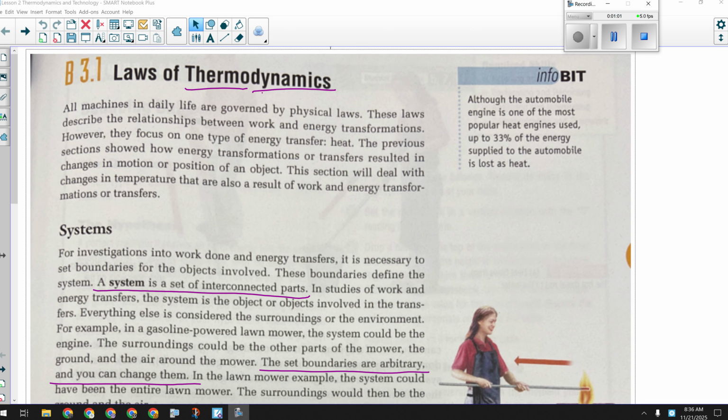And to do that, we have to get some terminology out of the way. All right? So the first thing we have to talk about is the terminology. Okay? And the first term is the definition of a system. Okay?